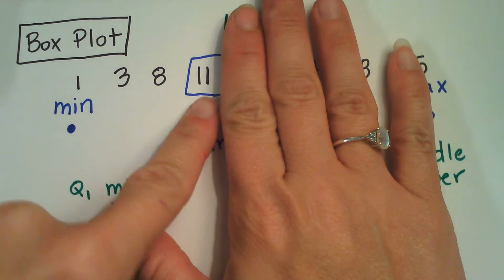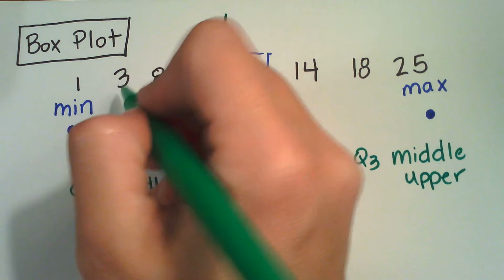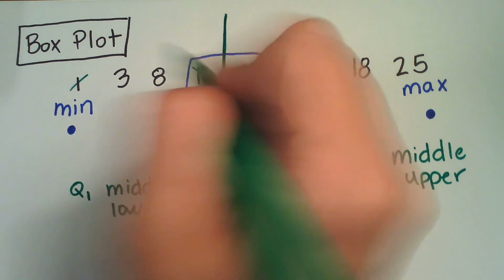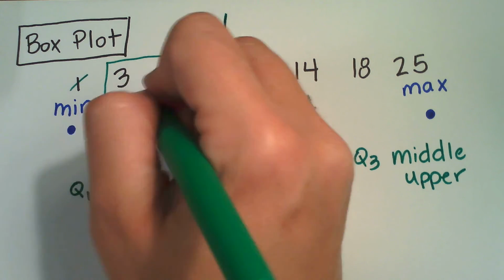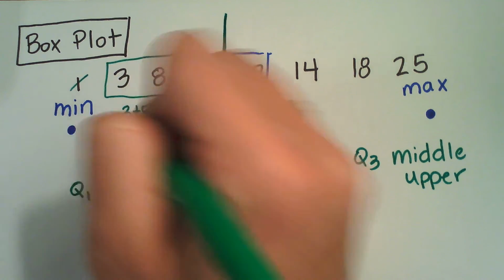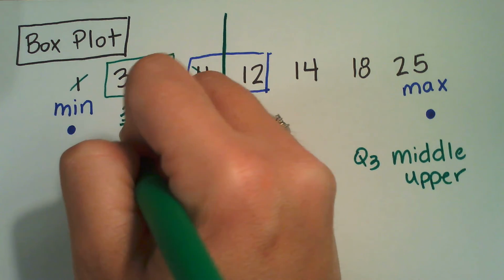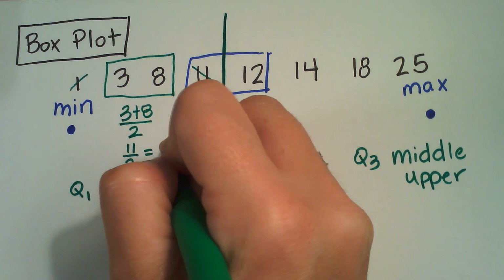So here's the lower half. The middle is going to be not 1, not 11, but in between 3 and 8. So since it's between two numbers, that's when we add and divide by 2. 8, 9, 10, 11 over 2 would be 5.5.